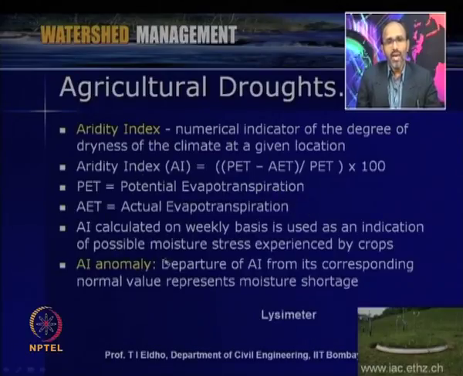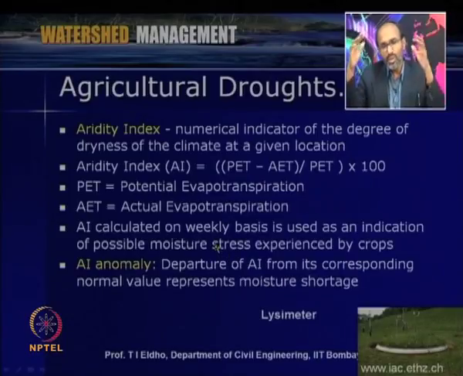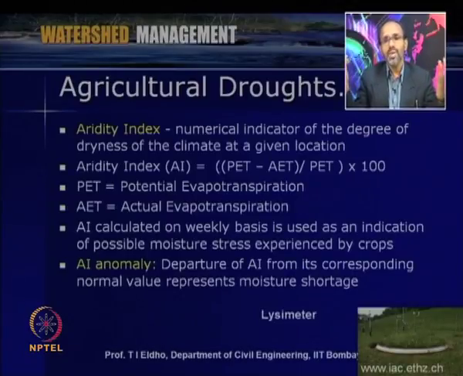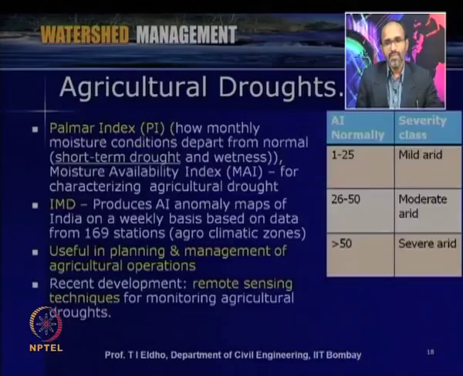The aridity index anomaly shows the departure of the aridity index from its corresponding normal value and represents the moisture shortage. When the moisture shortage is taking place, the crop will be water stressed, and then the crop yield will be affected.